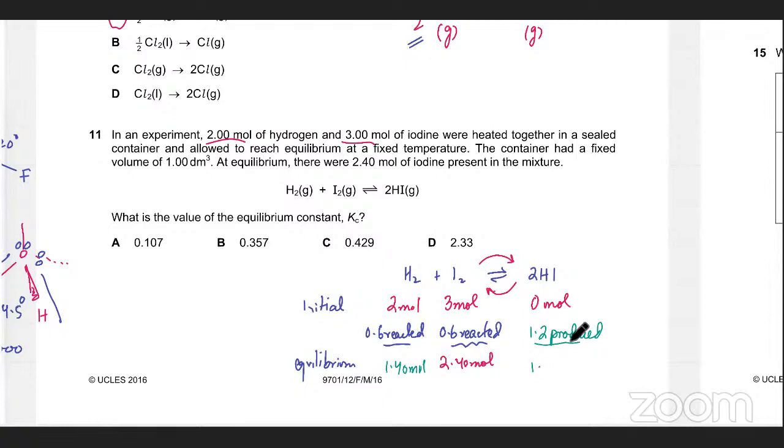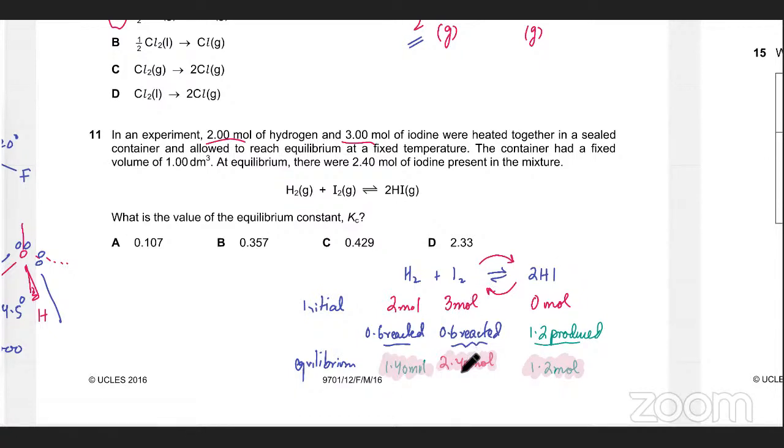So at equilibrium, you will have 1.2 moles. Those are your equilibrium moles. The only trick is you just need to find out what quantity of I2 or H2 or HI is reacting or getting produced. So the only thing you needed was this information.